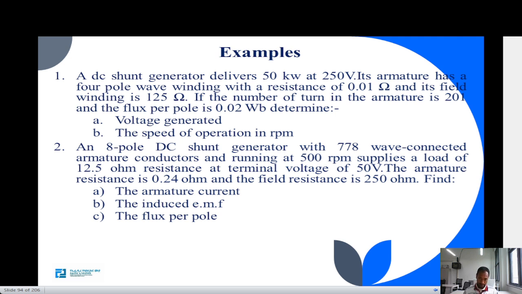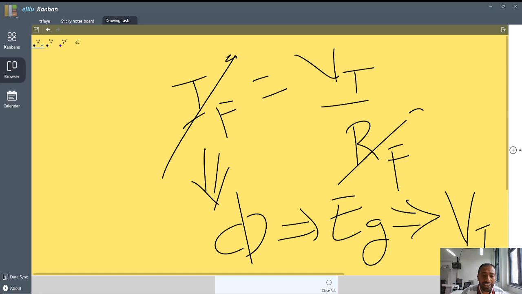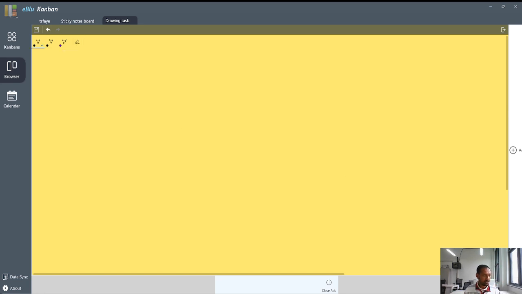Now, as usual, what are the givens? We have to know the givens. Output power is given, 50 kilowatt. Second, the terminal voltage VT is given, 250 volt.